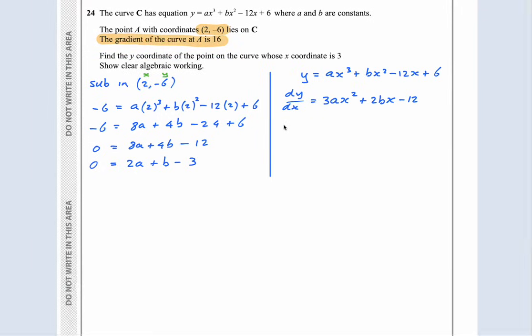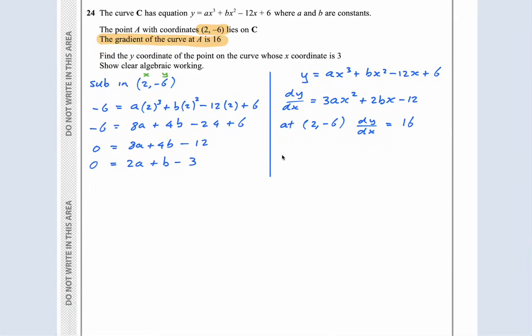Now it says at (2, -6), the derivative, or the gradient, is equal to 16. So that's probably another mark, guys, for recognizing this. So what I'm going to do, I don't need to worry about the y. I'm going to sub in the 2 for x.